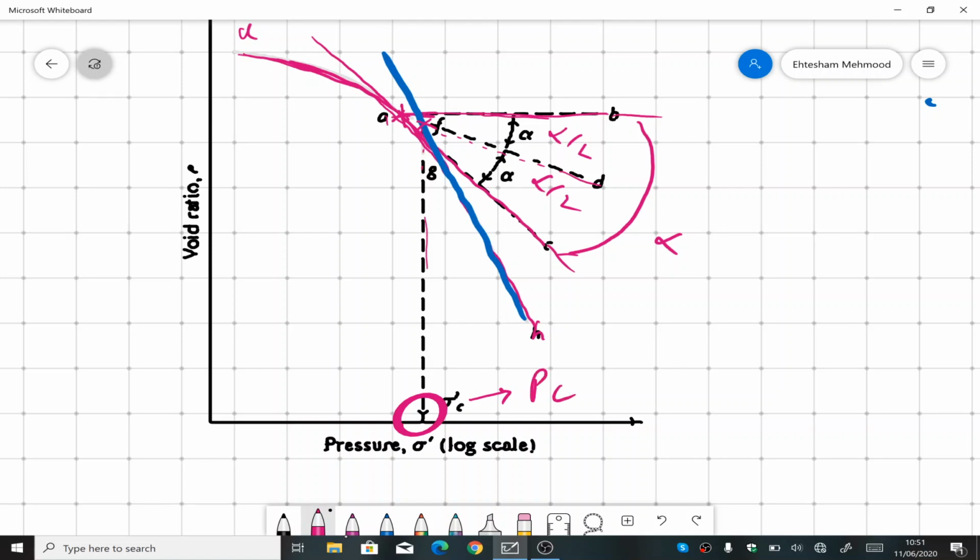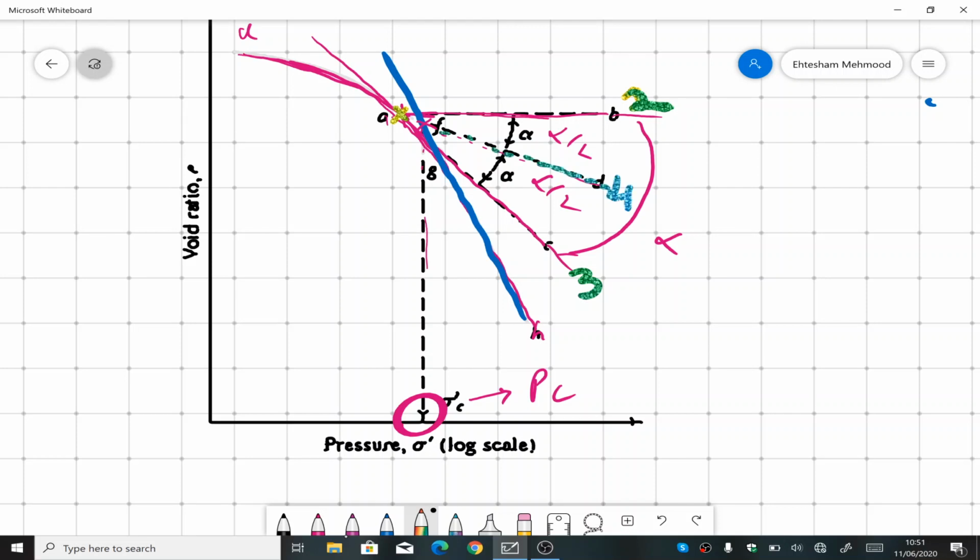Just to repeat the process again, first find the point that has the maximum curvature on the graph. The second step is to make a horizontal line, that is AB. The third step is to draw a tangent to the same point where you started the horizontal line, and then make an angle bisector.